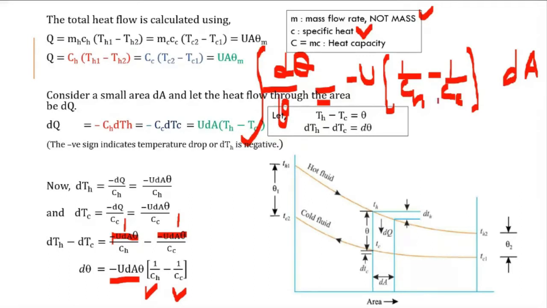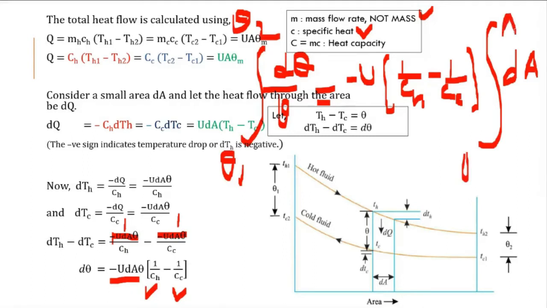Hence this entire term is constant. We can take those terms outside the integral. Limit for theta will be from theta 1 to theta 2, and limit for area will be from 0 to capital A. Any doubt in this part?